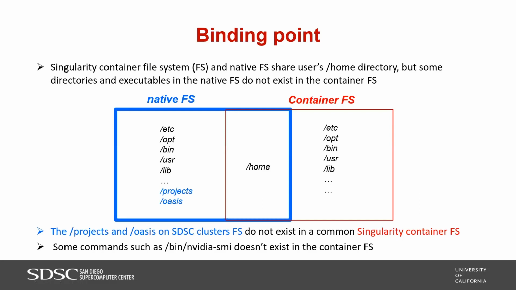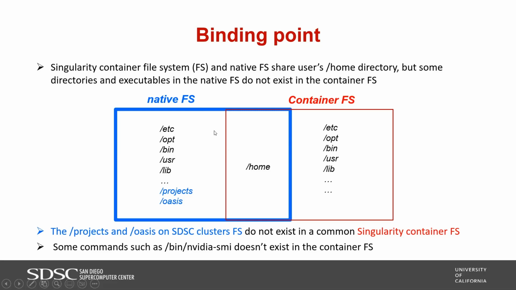And what I want to add more is about the binding point. The original file system and the container file system are not the same, because from the Linux structure, we know that we are in another file system when using the containers. They share the home directory for each user, but all other file system directories are different.